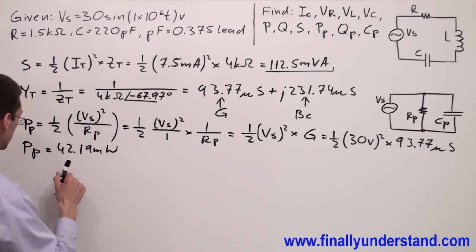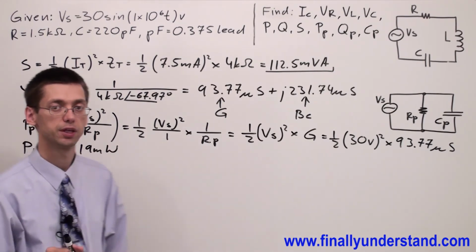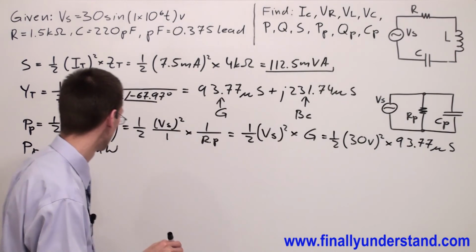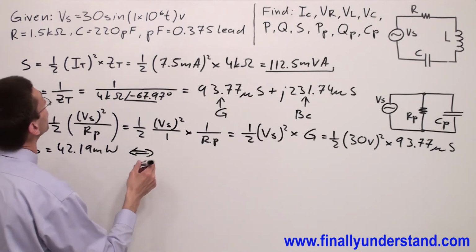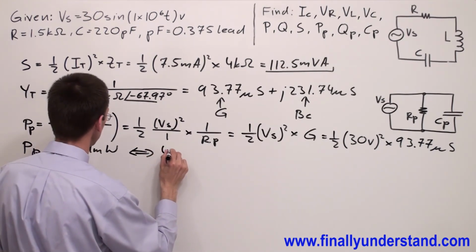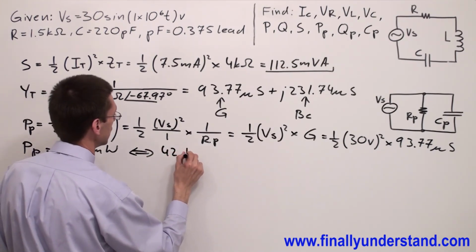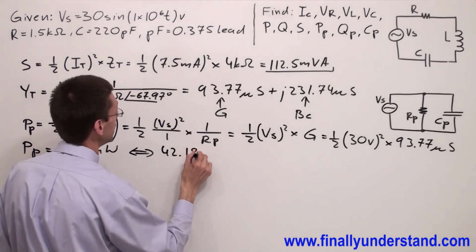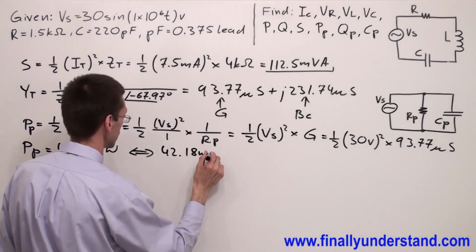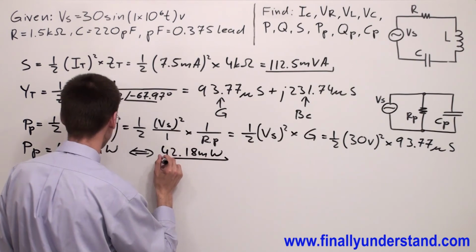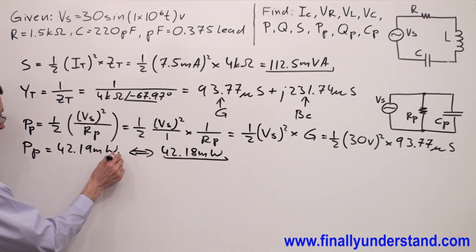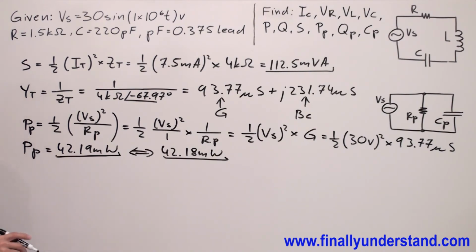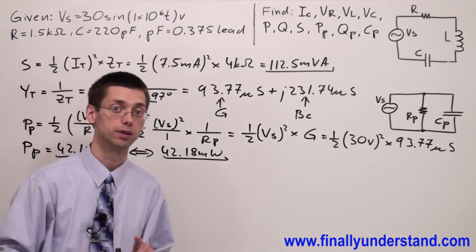If you are going to compare with the true power which we obtained in the series circuit, it was equal to 42.18 milliwatts. So as you can see, these two values are very close to each other. So we can say that our calculations up to this moment are okay.